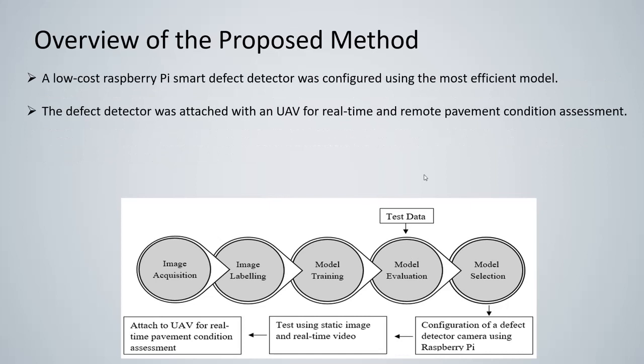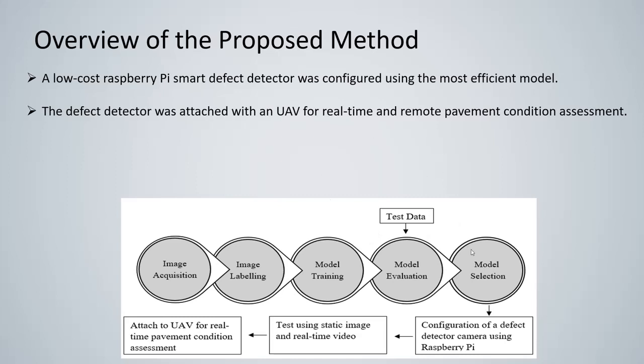A low-cost Raspberry Pi smart defect detector was configured using the most efficient model. The defect detector was attached to a UAV for real-time and remote pavement condition assessment.